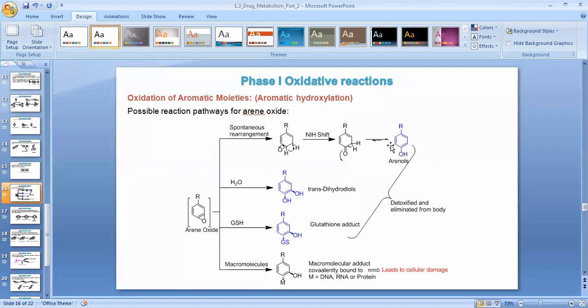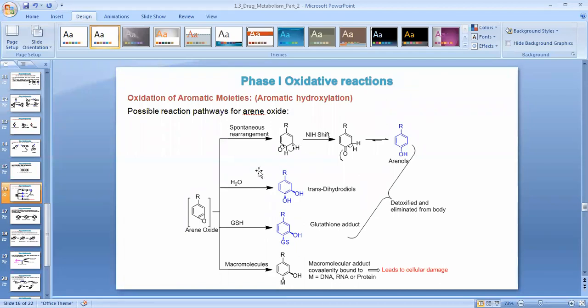This particular reaction is, to a large extent, reversible, to a small extent irreversible in nature, but generally they form the arenol as the metabolic product. This is when the arene oxide goes through spontaneous rearrangement.